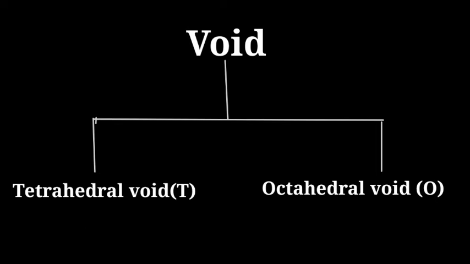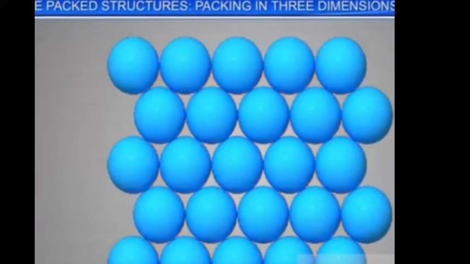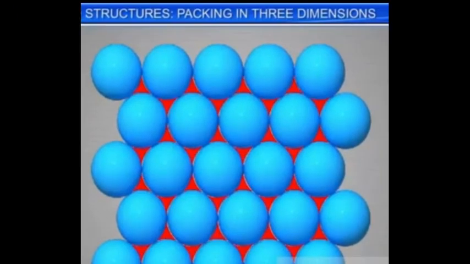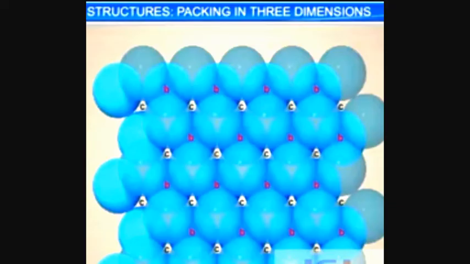See that hexagonal close pack 2-dimensional structure, and there are triangular voids. Let us name that void as B type of void. Now second layer of hexagonal close pack in 2-dimension is placed above that first layer in such a way that spheres of second layer are above the voids of first layer. Then it is observed that another new type of void is formed, which is known as C type.